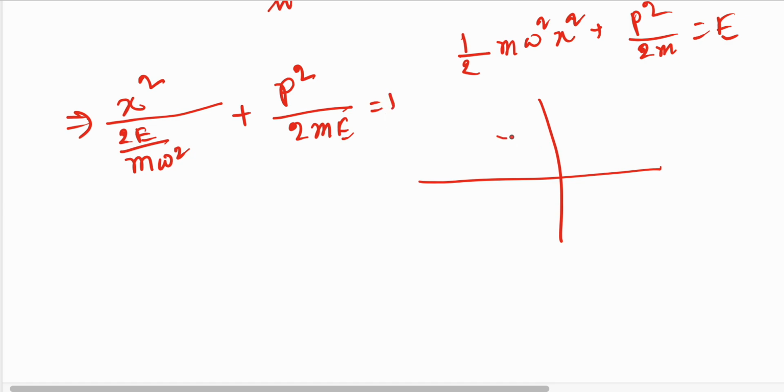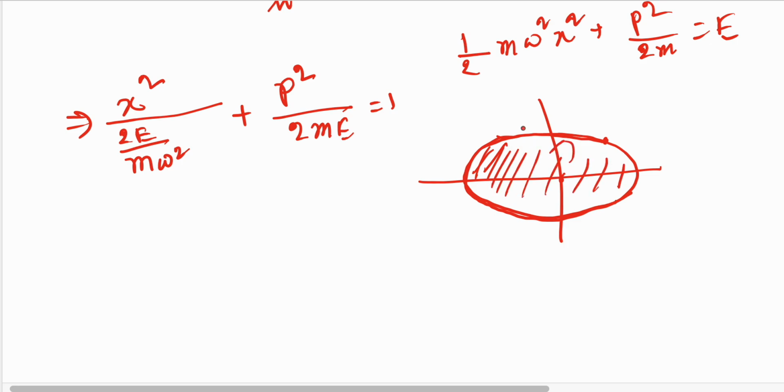That means this is an ellipse. The particle which has the energy E will remain on the boundary of this ellipse, but the particle which has energy between 0 to E will remain inside this ellipse, right?